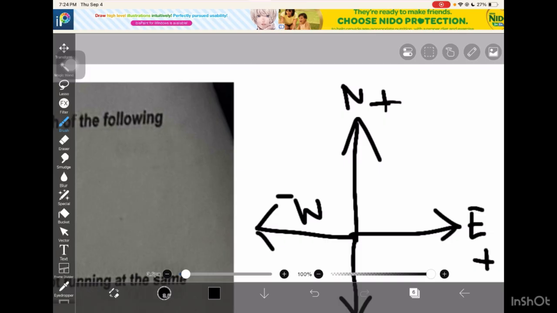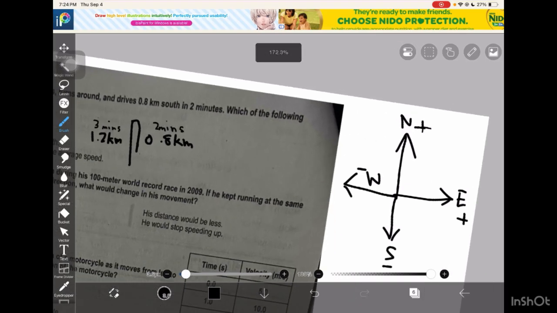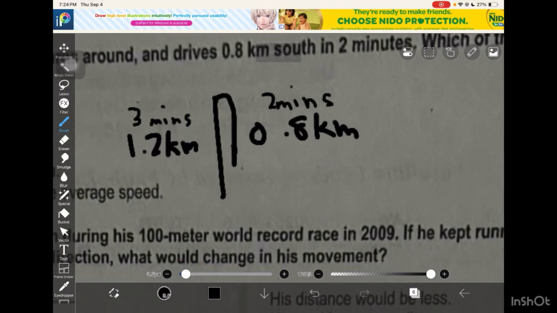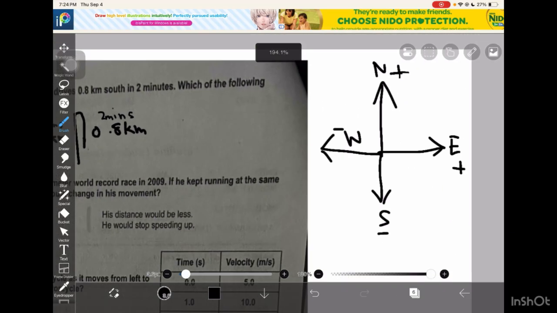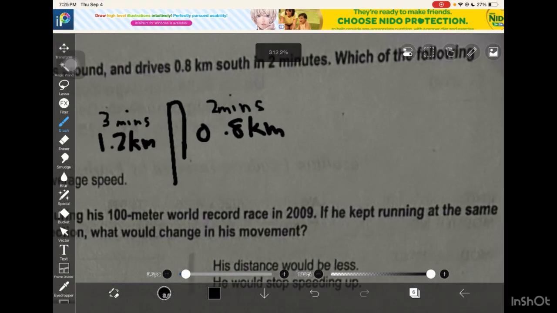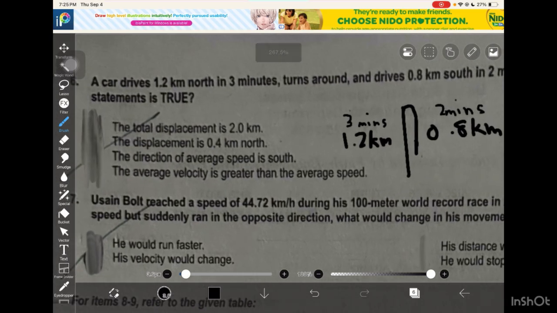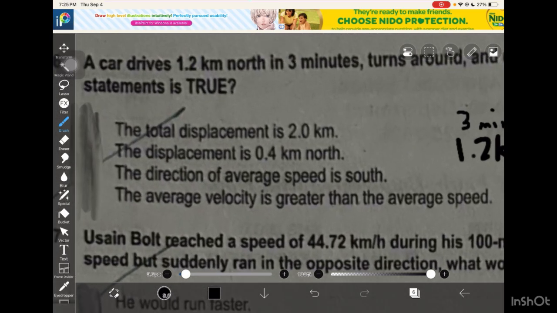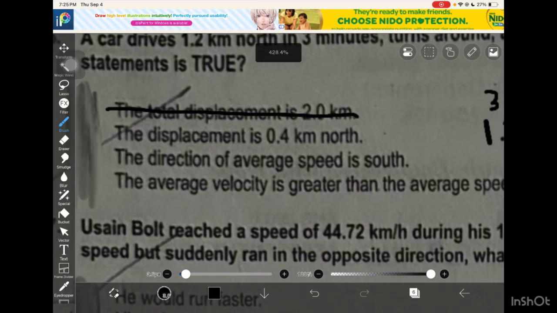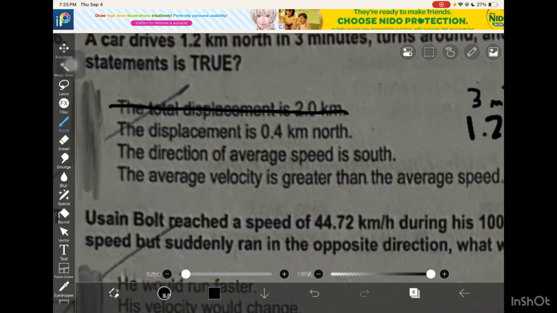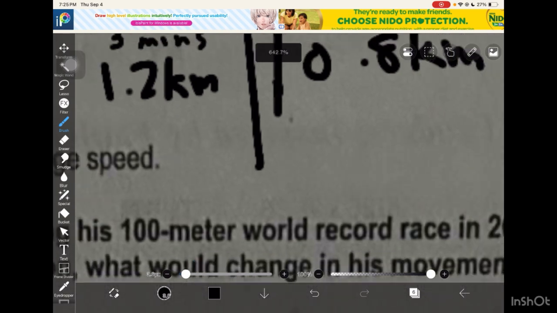Moving north, we have to consider 1.2 kilometers as positive, but moving south is negative. So this should be a negative one, minus 0.8. So 1.2 minus 0.8 is equal to 0.4 and not 2 kilometers. The displacement is 0.4 kilometers north.